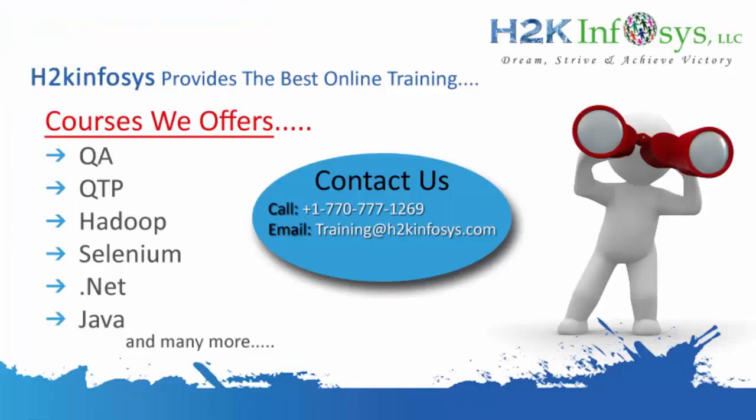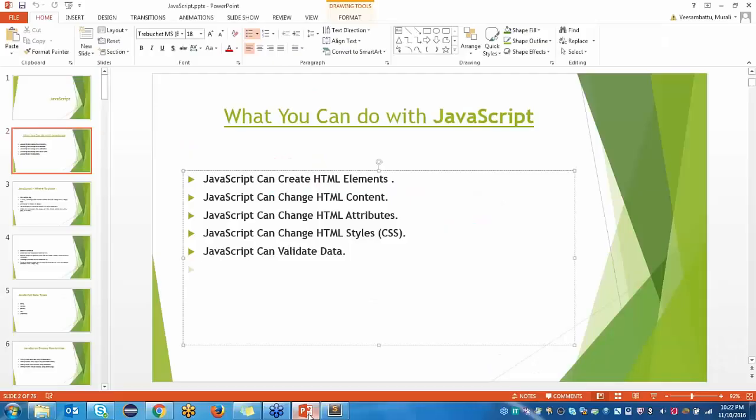So what I have done is, first, I explained how I can create HTML elements. Second, how I can change the content inside the HTML elements. Third, how I can add an attribute. Fourth point, I can change CSS styles also.